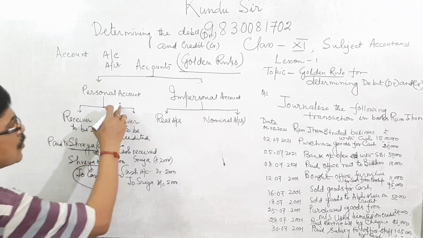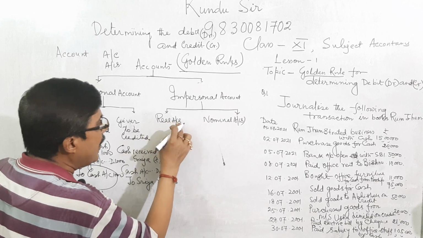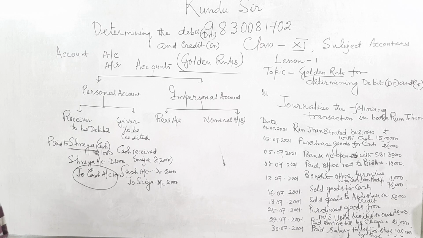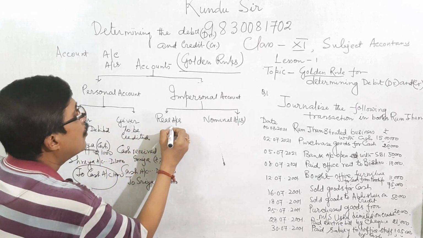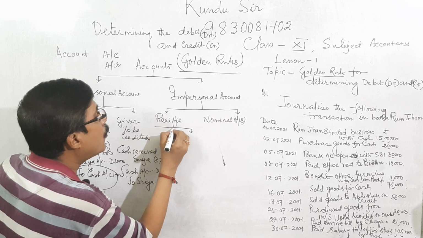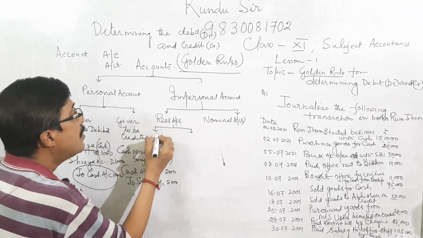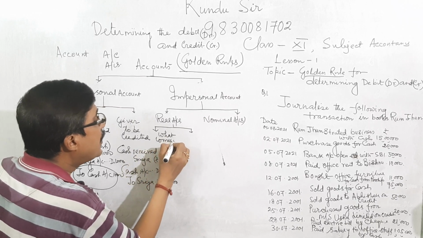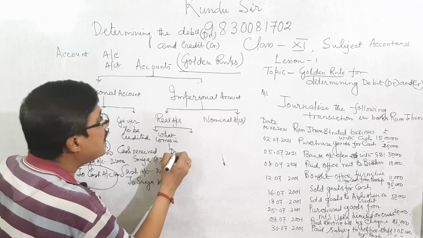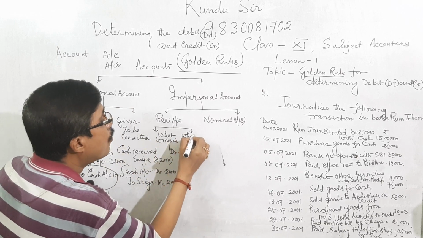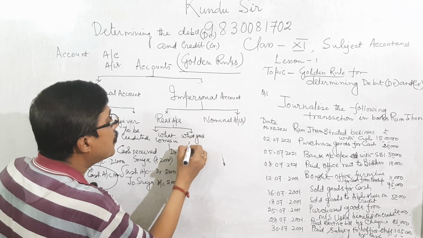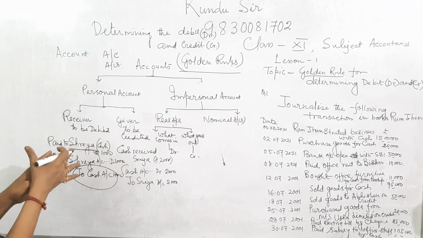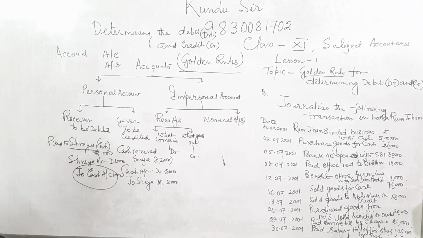Now, impersonal account is classified into real account and nominal account. For determining debit and credit under the golden rule for real accounts, the rule is: what comes in is to be debited and what goes out is to be credited. Now we are combining the personal account and real account.